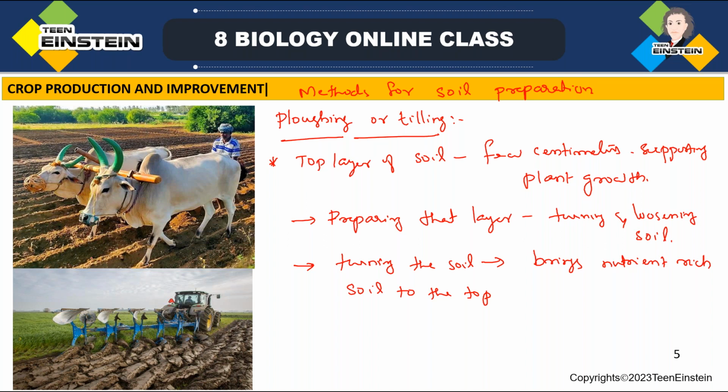The soil from the downside is coming to the upper side, which is rich in nutrients. That nutrient-rich soil is coming to the surface, so plants can utilize that soil, right?